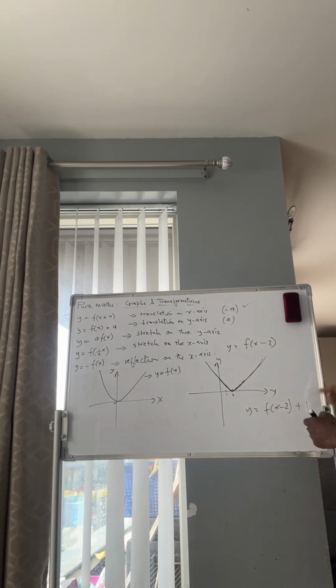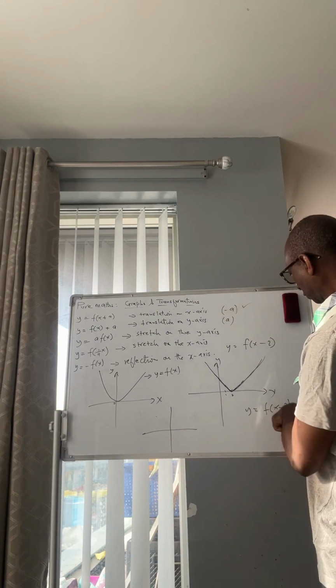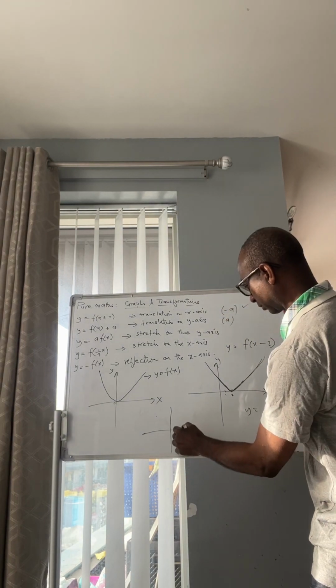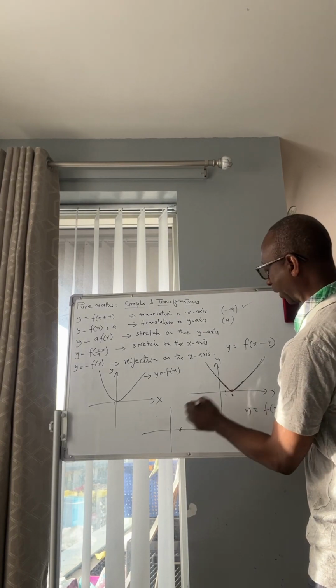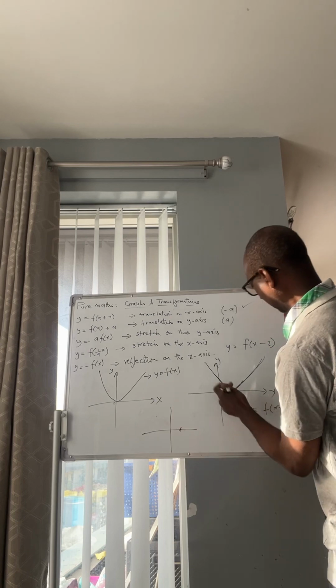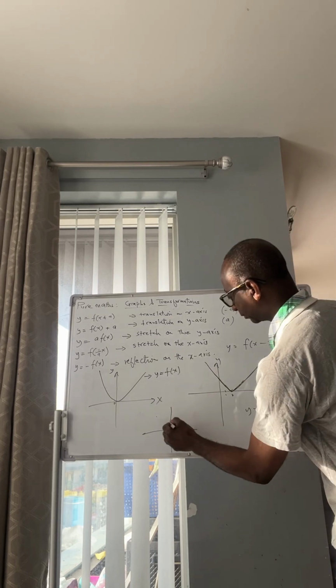So what do we do next? We know this graph is already here at 2, but it's going up by 1. We know y is 0 here, but now we are given y to be 1.